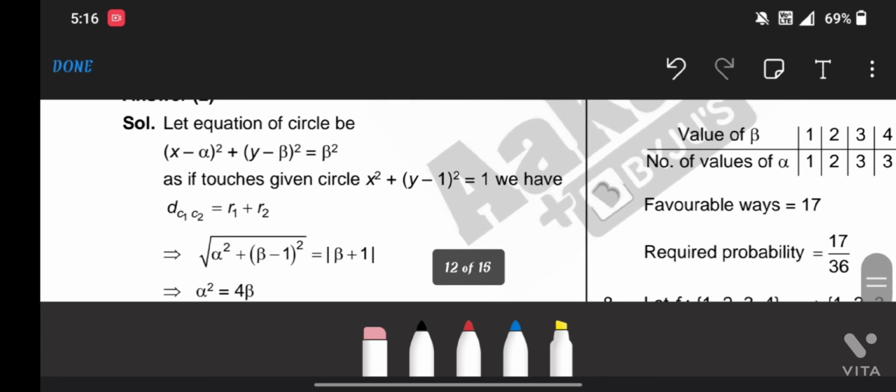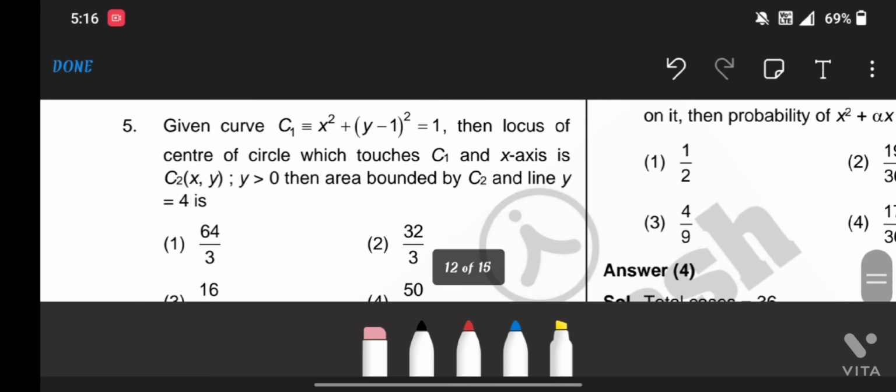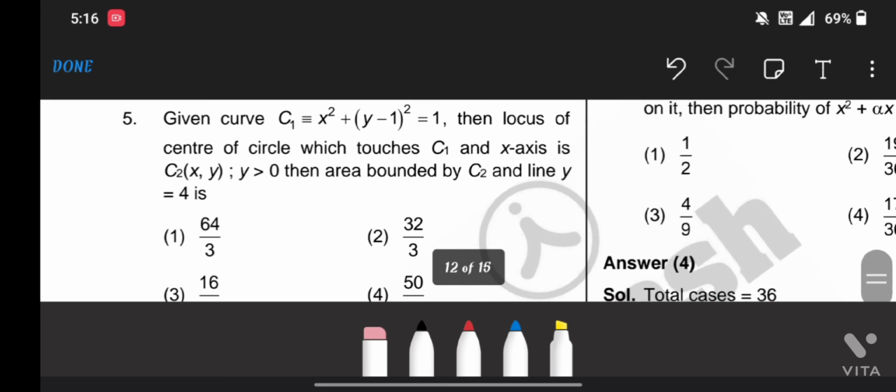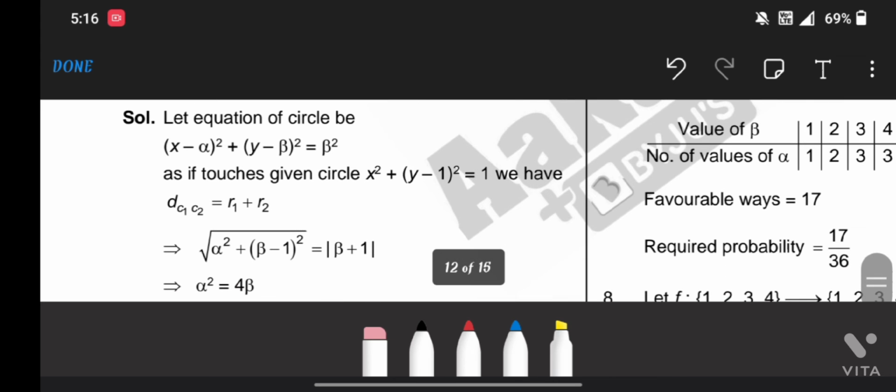Okay, so 48 minus 32 by 3, that is equal to 16 by 3, and that multiplied by 2 gives 32 by 3.